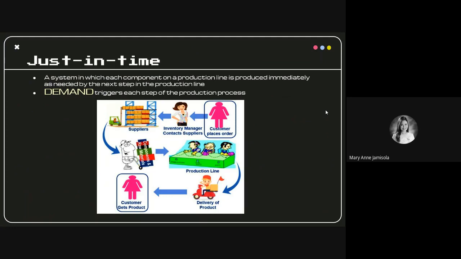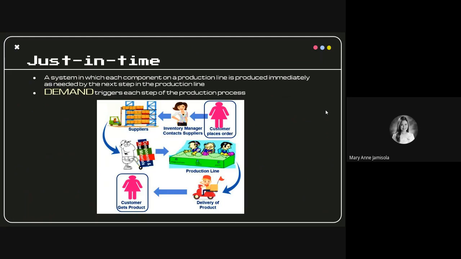Again, this is a demand pull manufacturing system because each component in a production line is produced as soon as and only when needed by the next step in the production line. In a JIT production line, manufacturing activity at any particular workstation is prompted by the need for that workstation's output at the following workstation.